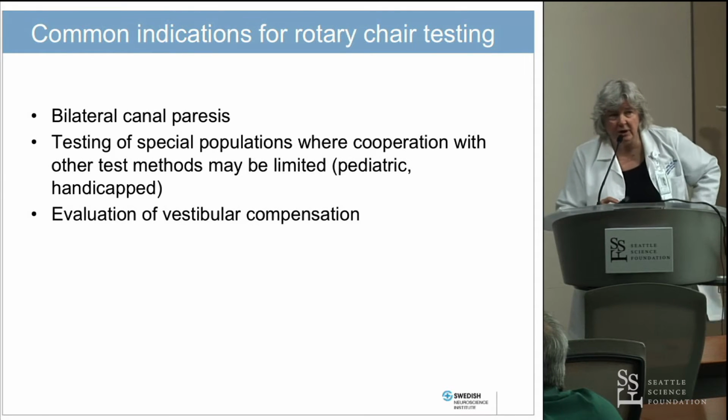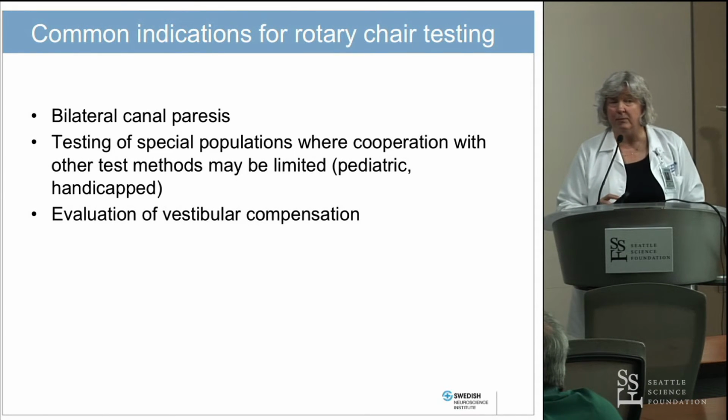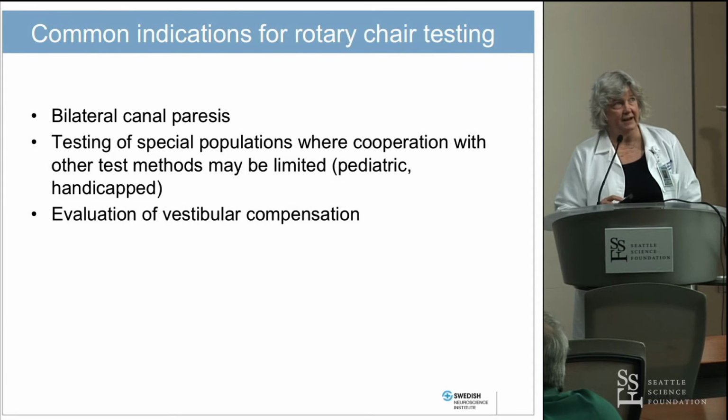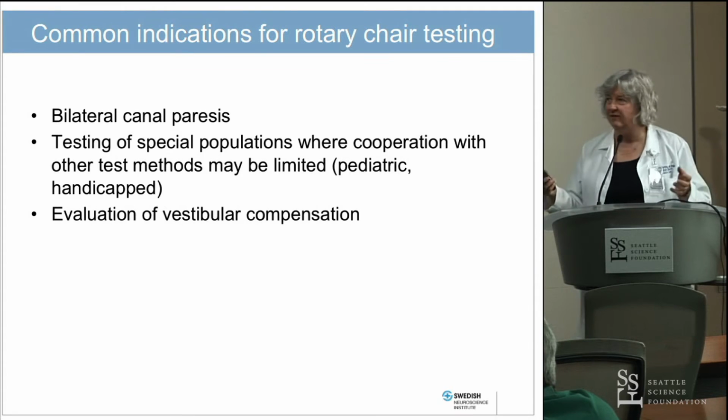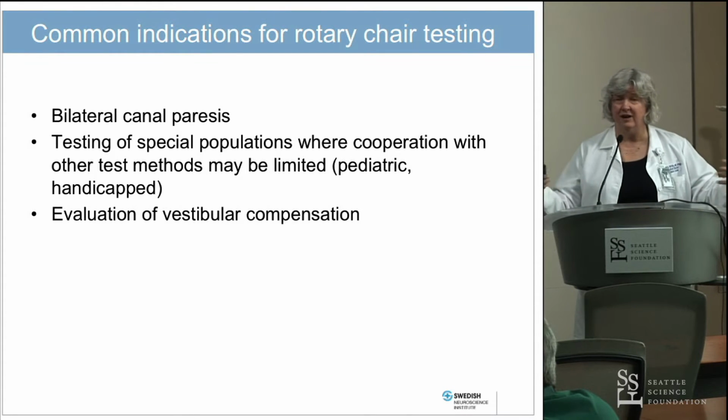Rotary chair is also helpful if things look bilateral on caloric, but you're not sure. You know, again, calorics are not the most sensitive test. They're not very reliable. So if there's a question of bilateral loss, I like to do the chair in order to verify it. It's also pretty easy to do with kids, with people who aren't going to really put up with the caloric, because you're sitting in a chair and it's kind of like playing a video game. People really think it's fun.